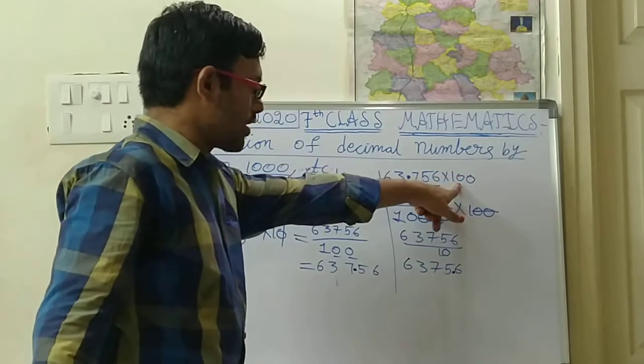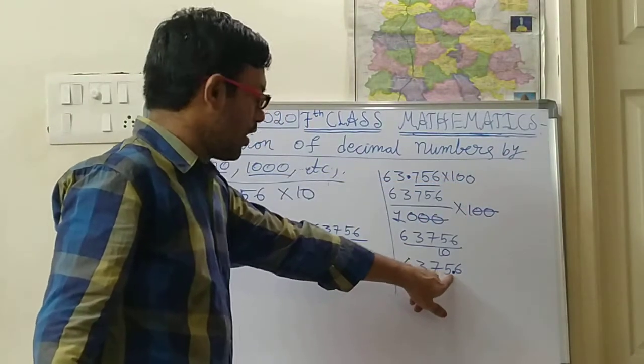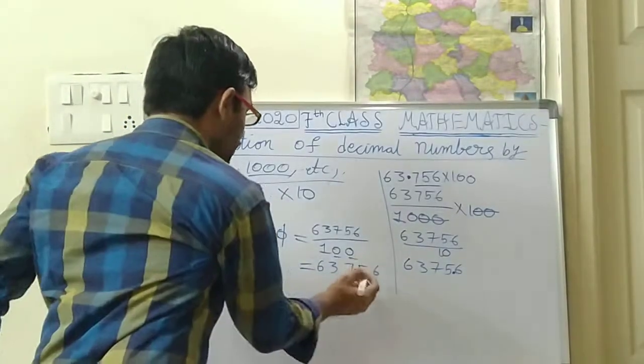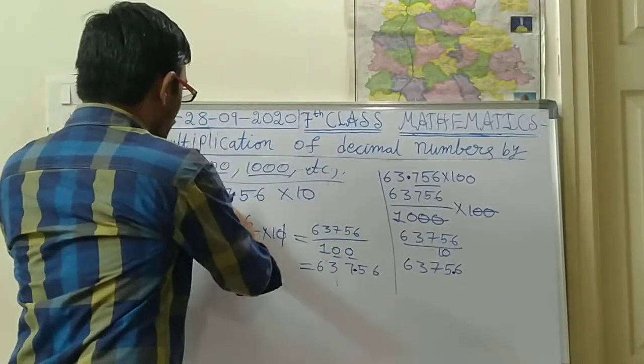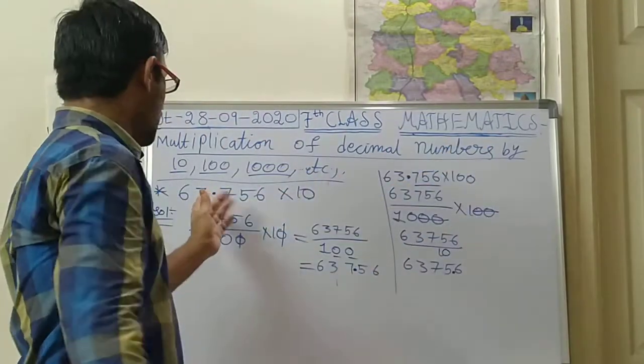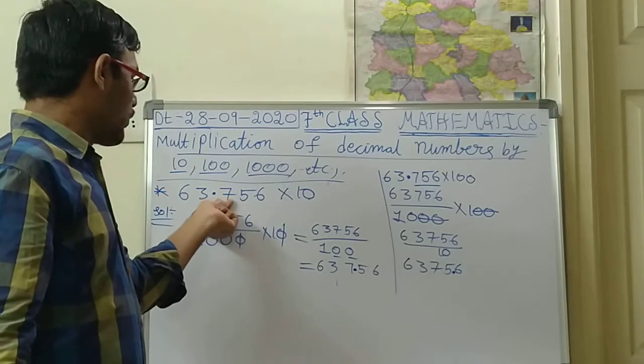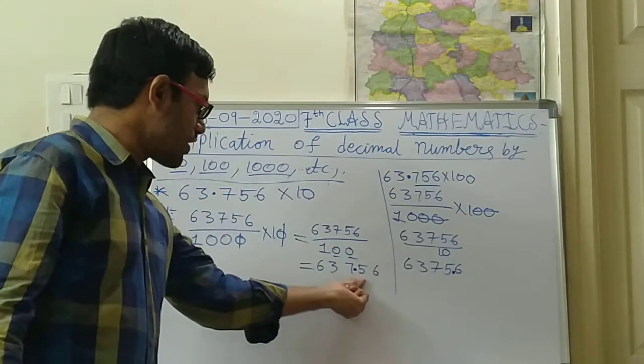If the number is multiplying with 100, it comes to after 5. So that means the decimal point is moving one step towards right side. Is it right, children? First of all decimal point is before 7, but here after 7 it came.